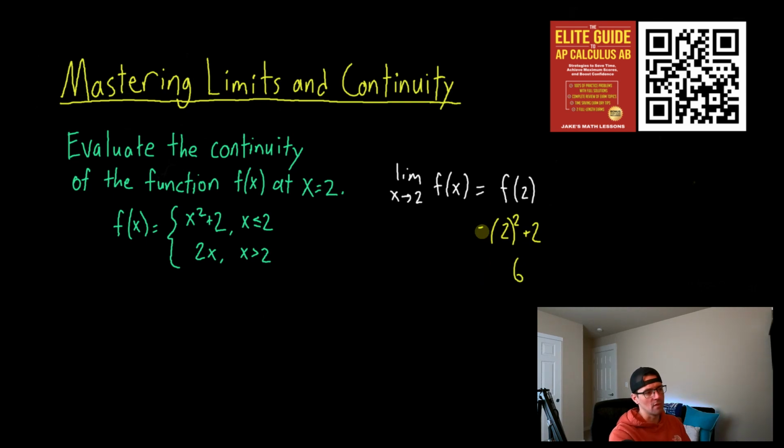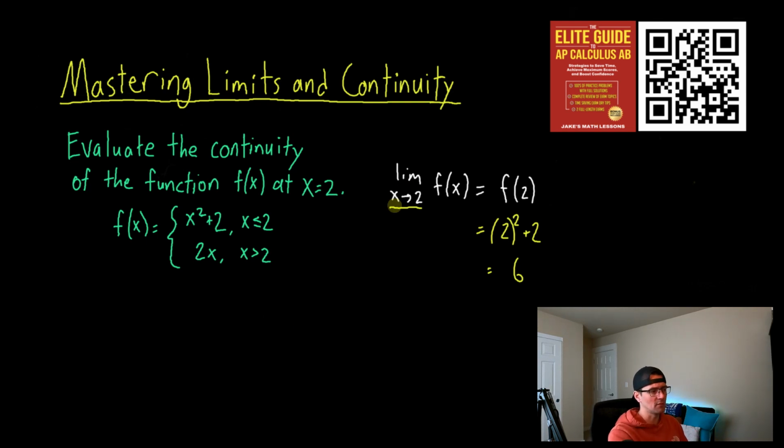Okay, so the other piece is we need to find the limit as x approaches 2 of f of x. Since we have a piecewise function, and this limit as x approaches 2 is looking exactly at the x value where we switch from one function to the other, we're going to have to break this two-sided limit into each one-sided limit: the left-hand limit and the right-hand limit.